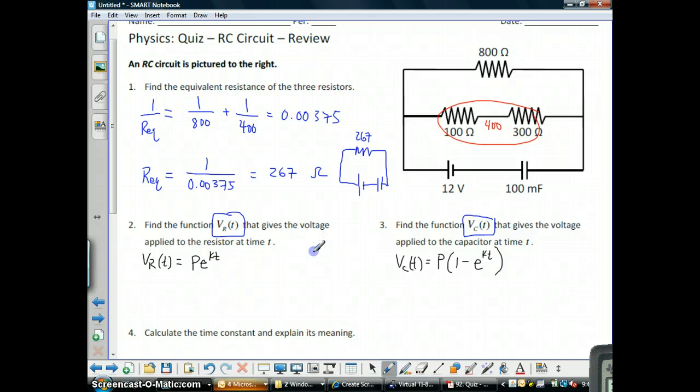And then you also need to know that k is the time constant. Well, it's not the time constant, it's -1 over the time constant.